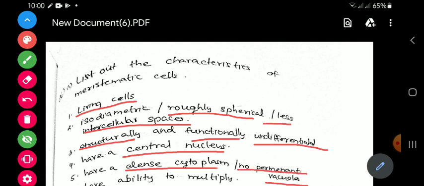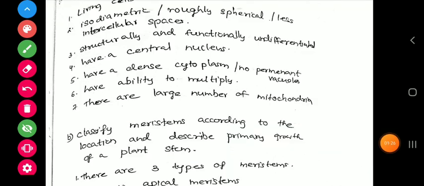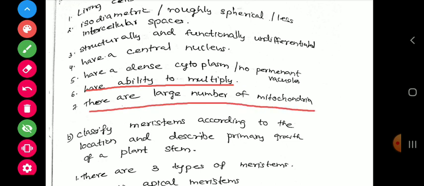So they have a dense cytoplasm. They have the ability to multiply. They're meristematic cells, so they have the ability to multiply, increase in number. There are a large number of mitochondria. So you have a lot of mitochondria. So those are the points.